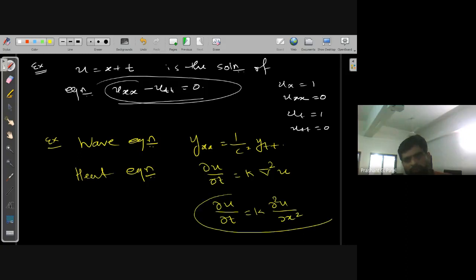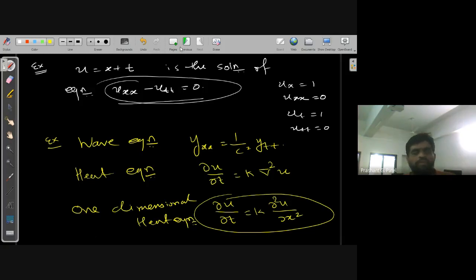So this is the one dimensional heat equation. If you want to study how the heat will spread throughout that material, then you have to study this equation.